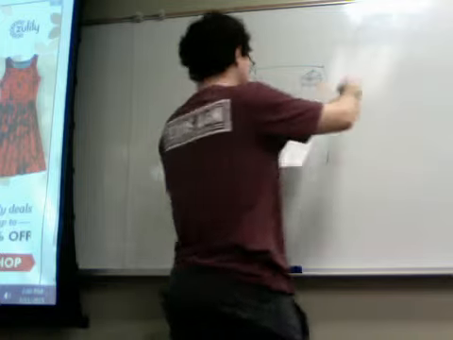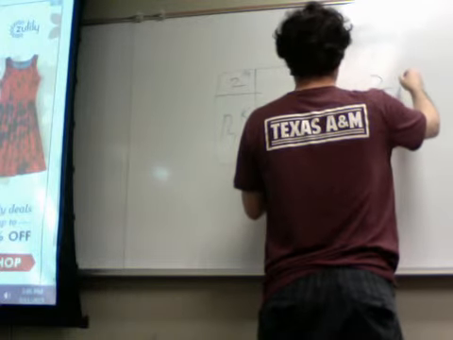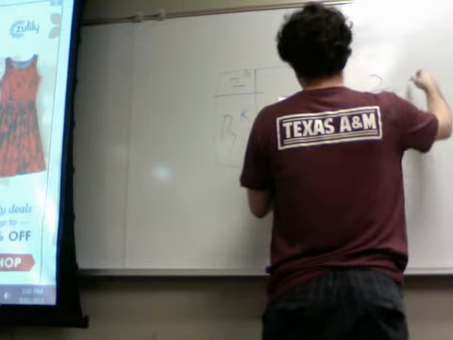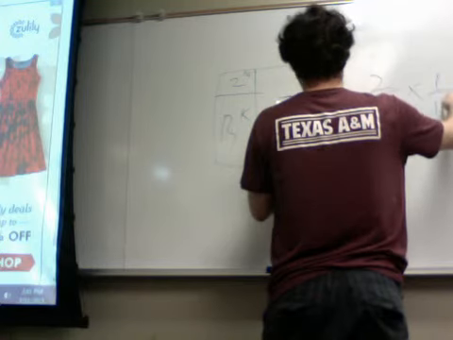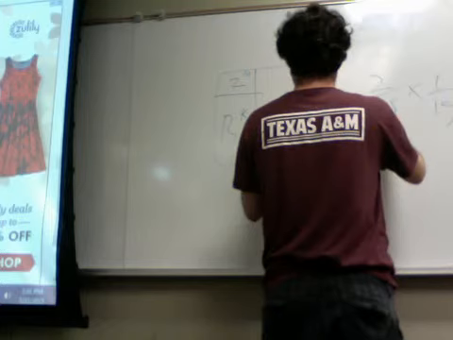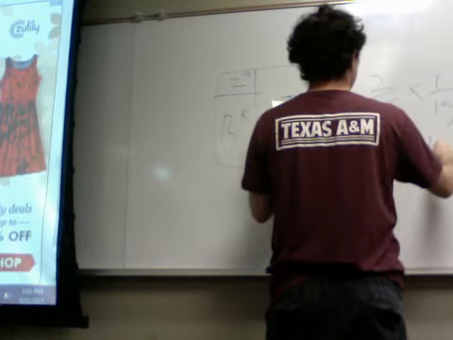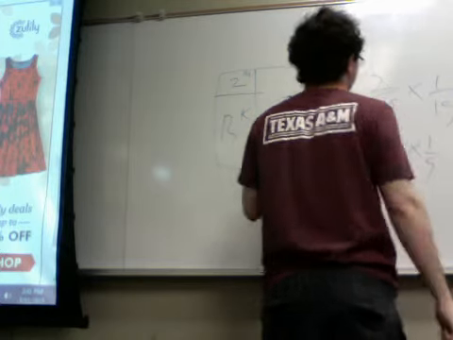M has 2 out of 15, and he wants his 2/15ths. And then K has 3/15ths.